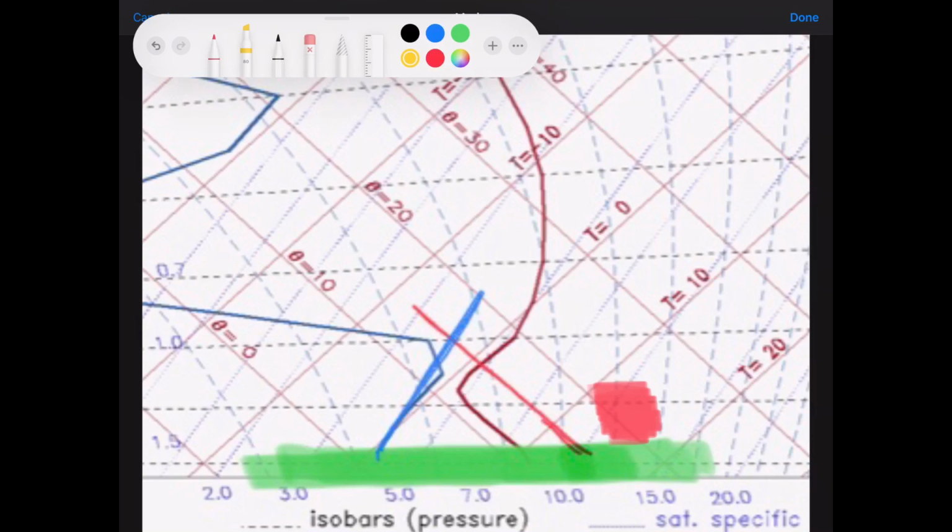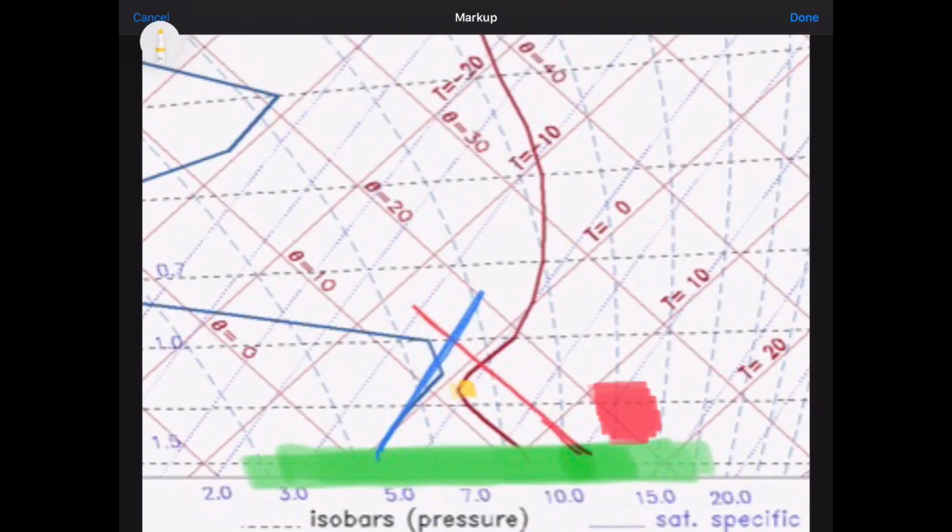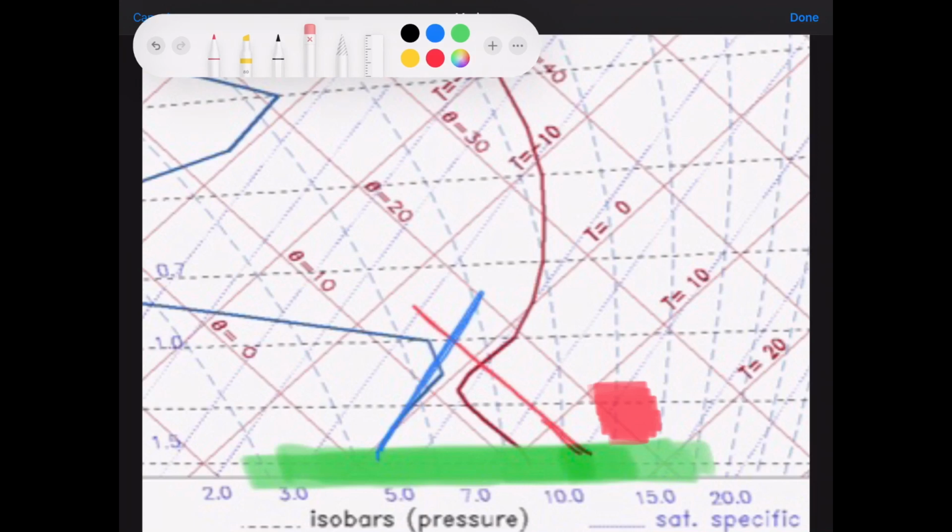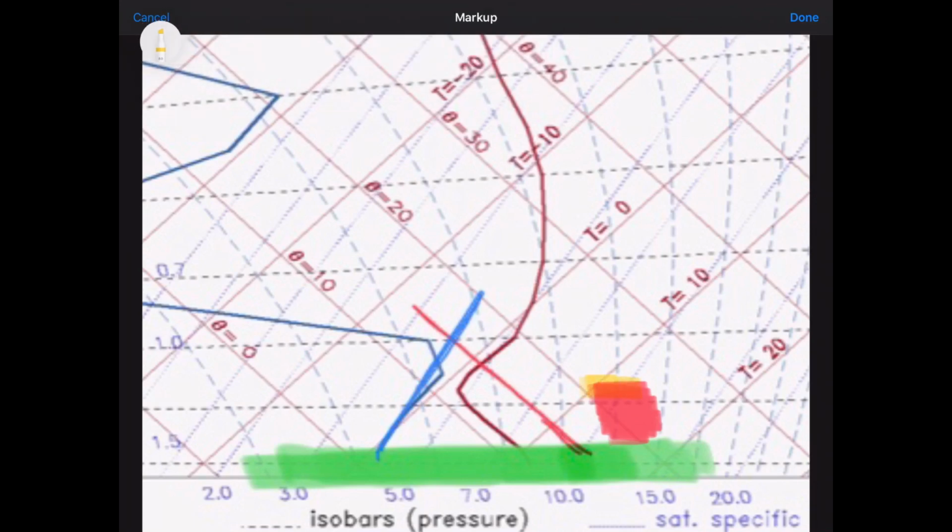If you notice then that the ELR and the DALR start to squeeze together. Now that means that the temperature of the thermal and the temperature of the air mass start to get very close to each other, which means there's neutral buoyancy. So I'm going to draw that on as a yellow line.